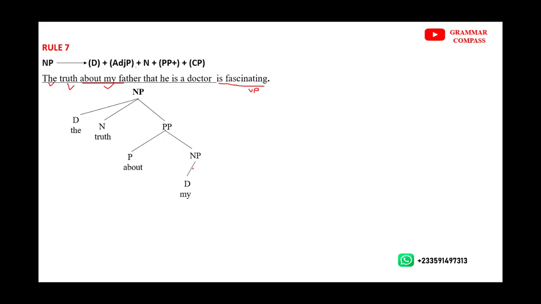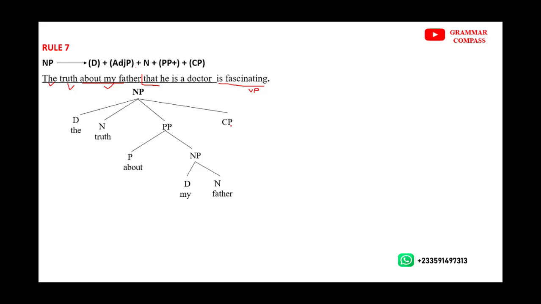My father consists of the determiner my, and then the noun father. This noun phrase also consists of a complementizer phrase that begins with the complementizer that. Therefore, we draw a branch for our complementizer phrase.